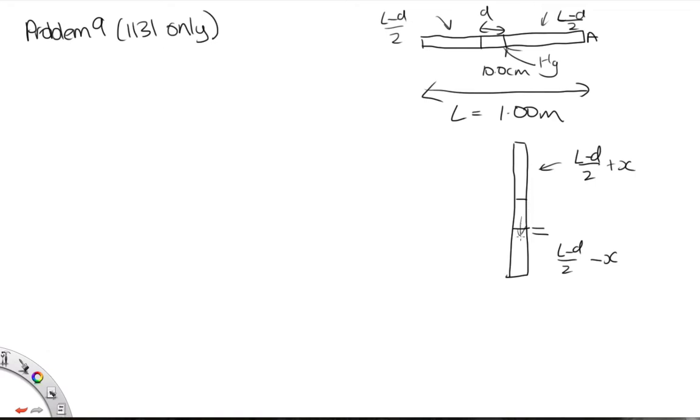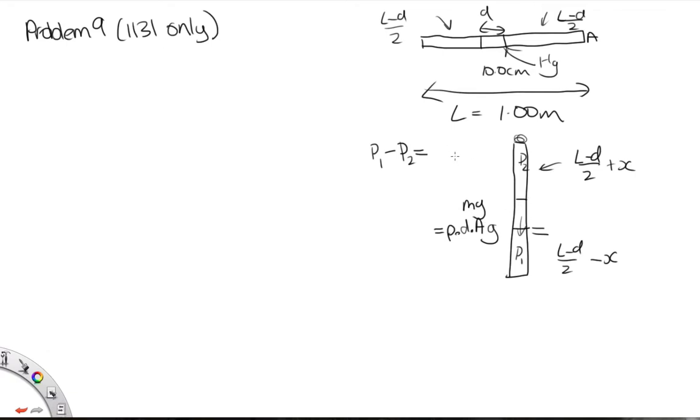The downwards force of the mercury is given by mg, which is equal to rho times d times the area, which gives us the volume, times g. And the pressure difference between these two, if we call this P1 and this P2, P1, which will be at the higher pressure, minus P2, is equal to the force over the area.